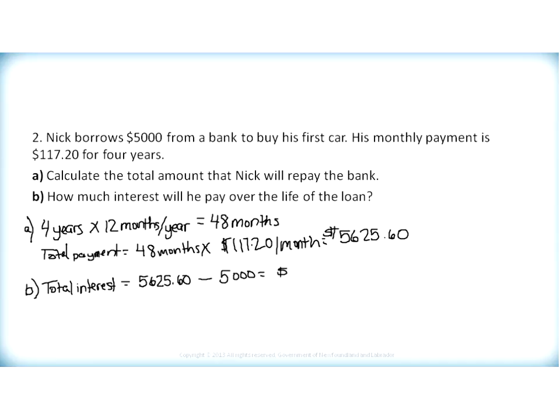So that works out to a total of $625.60. So he'll pay $625.60 in interest. And there you go. That's how we calculate how much interest he'll pay over the life of a loan.